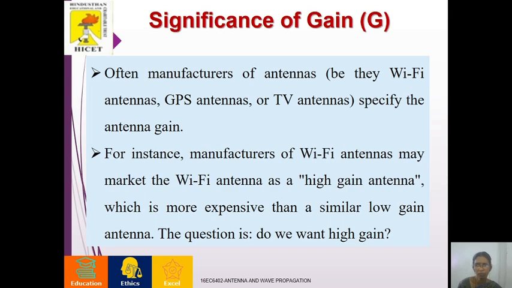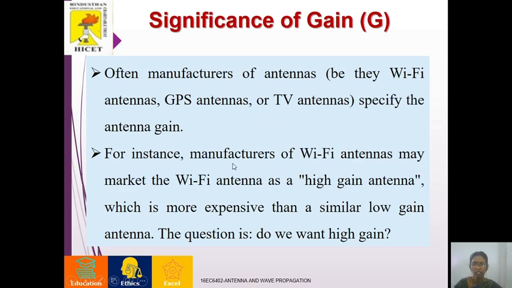Knowing that gain and directivity are the same kind of parameter description, we have to understand the significance of the gain. Often the manufacturers of antennas specify the antenna gain, whether it be a Wi-Fi antenna or GPS antenna or TV antenna.